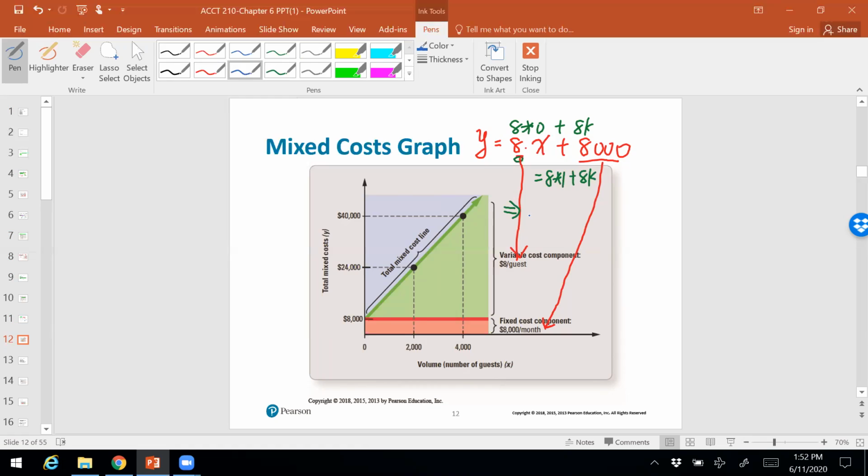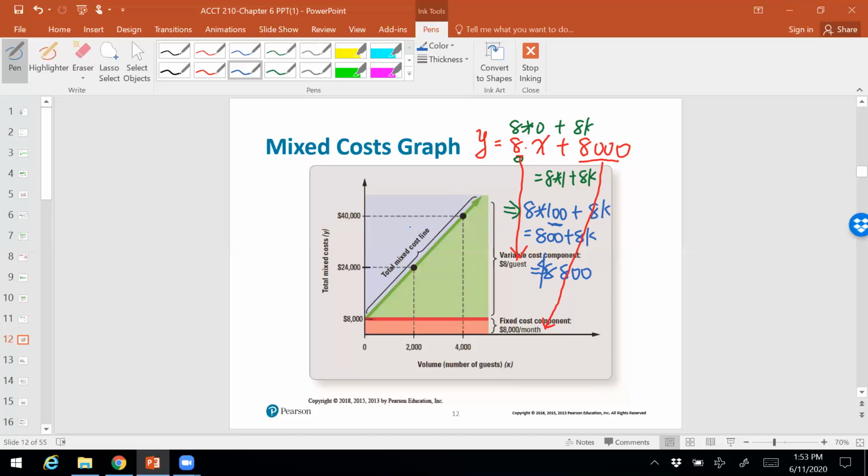So your total mixed cost will be 8 times 100 plus your 8,000. So it will be 800 plus 8,000, which is 8,800. That will be your predicted total cost when you have 100 students coming to your hotel.